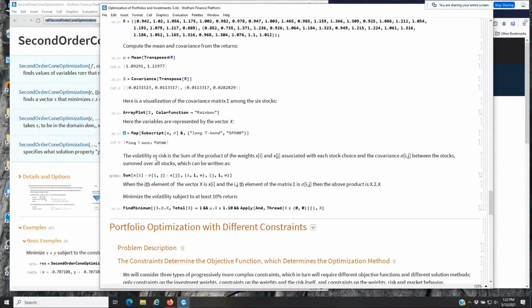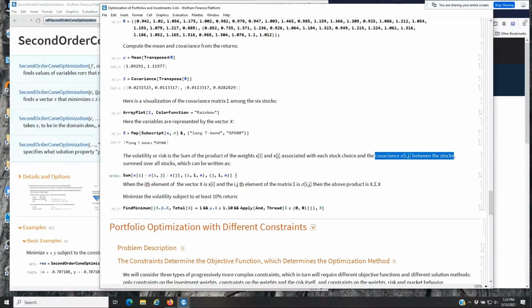Now, this is for those of you having a little difficulty understanding when I talk about volatility being a double inner product. If you think of the risk, it is going to be the sum of the product of the weights associated with each stock choice. So for stocks i and j, it will be xi and xj, multiplied by the covariance between these two stocks, sigma ij.